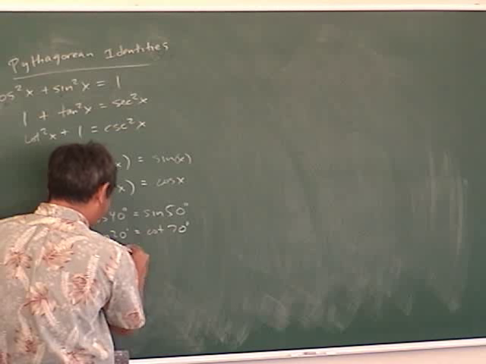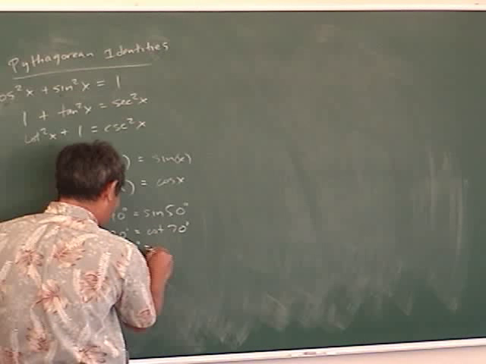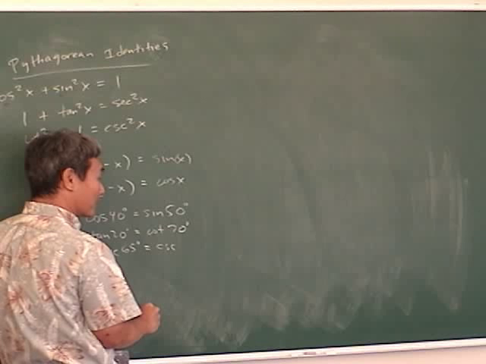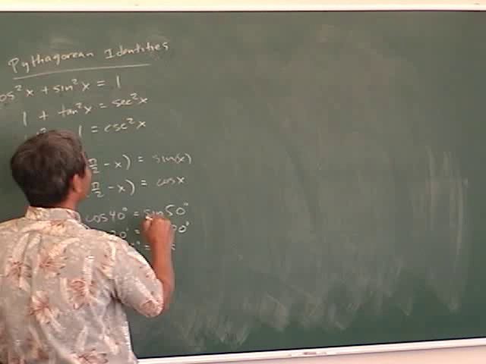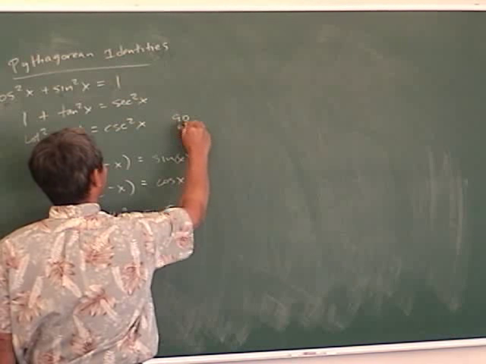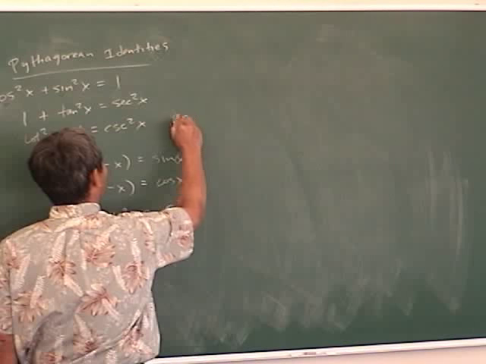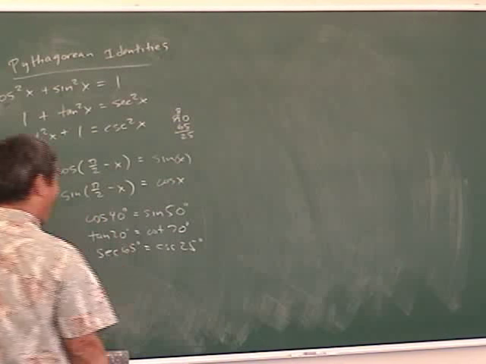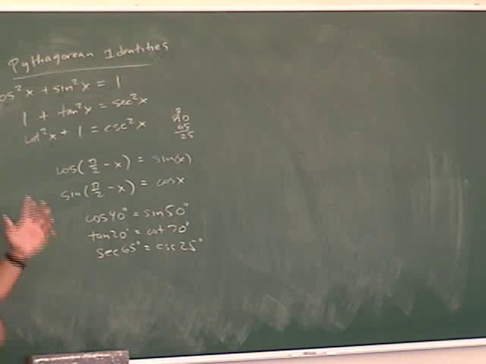Secant of 65 degrees is equal to the cosecant of... 90 minus 65, we're going to borrow... 25!